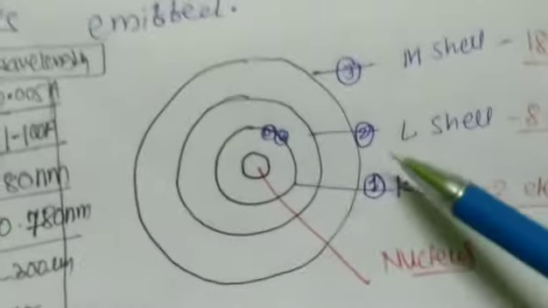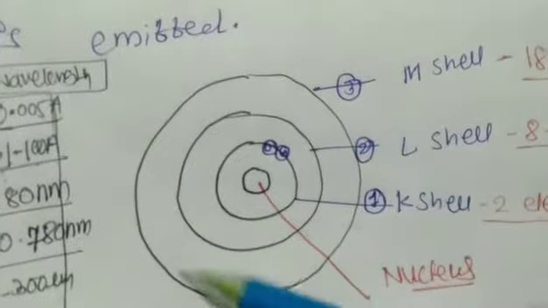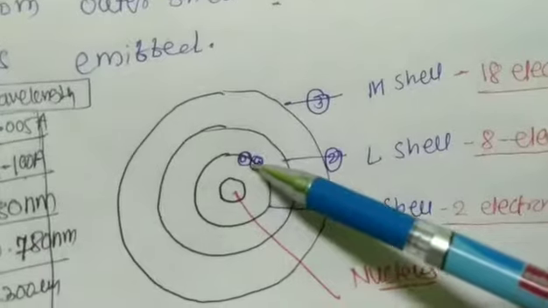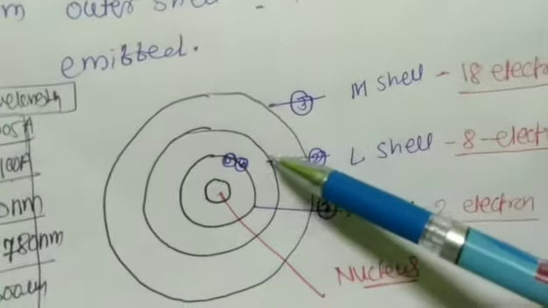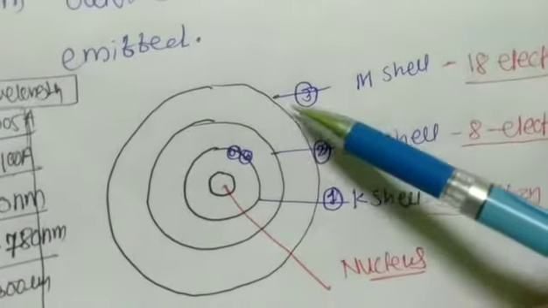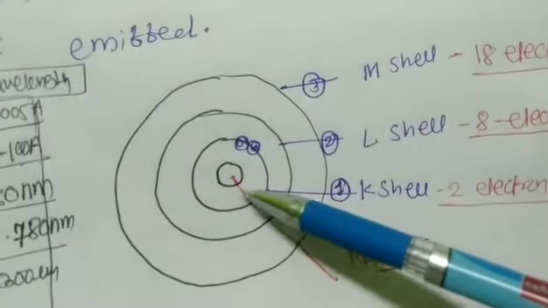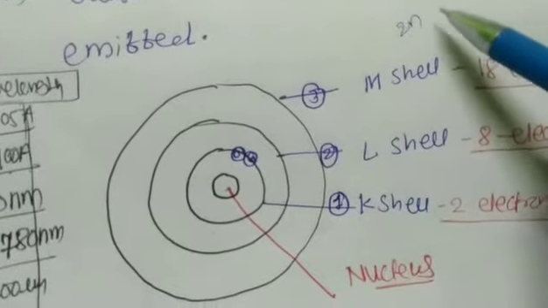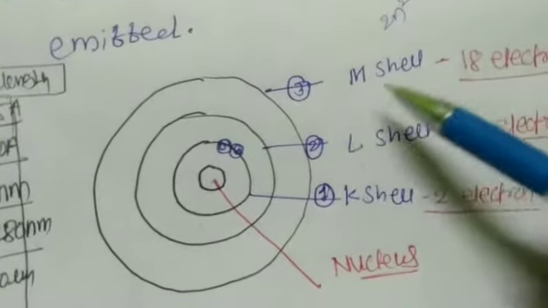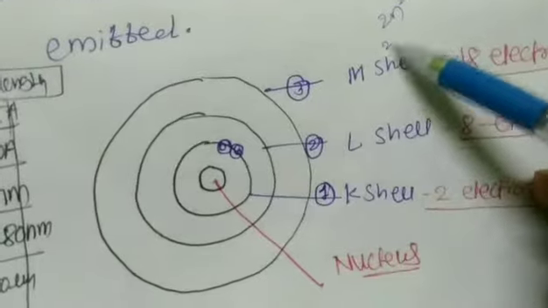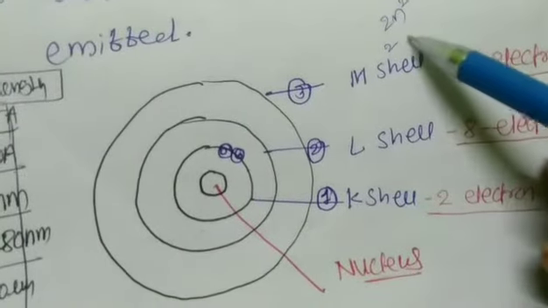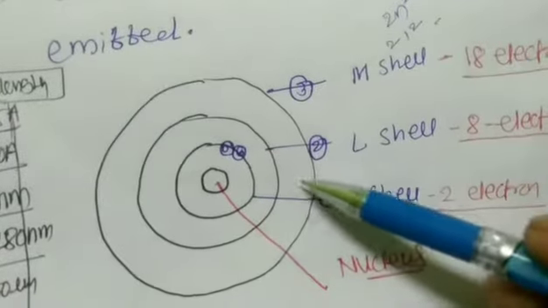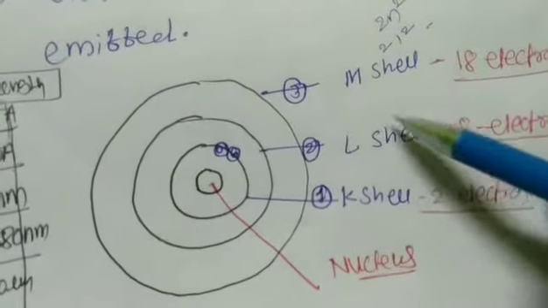Suppose this is the atom, here the nucleus, and in the K shell there are 2 electrons, in the L shell there are 8 electrons, and in the M shell there are 18 electrons. So here we use the 2n² rule. 2 in the K shell, the first shell, 8 electrons in the L shell and 18 electrons in the M shell.